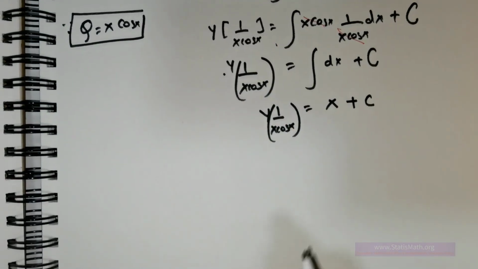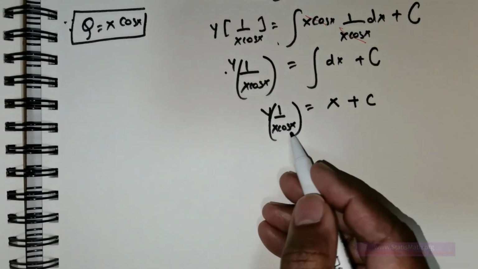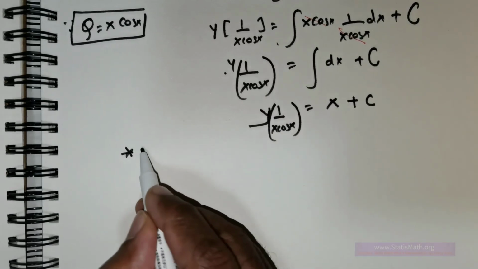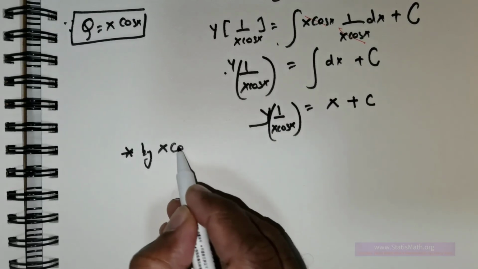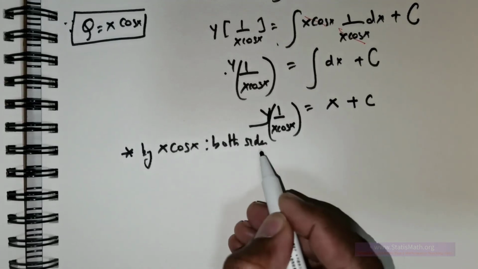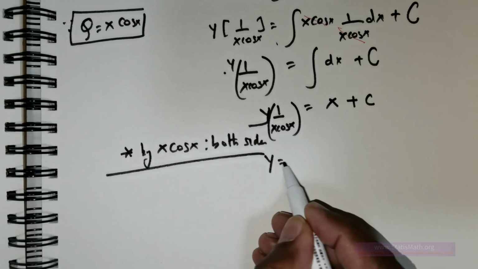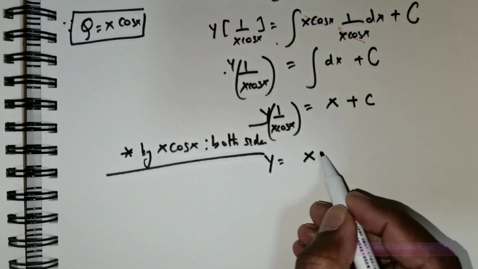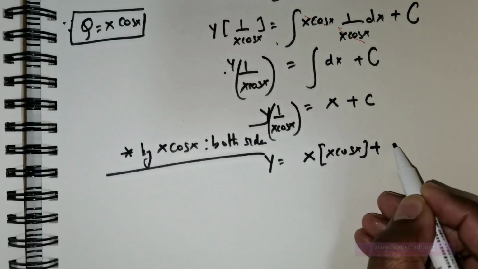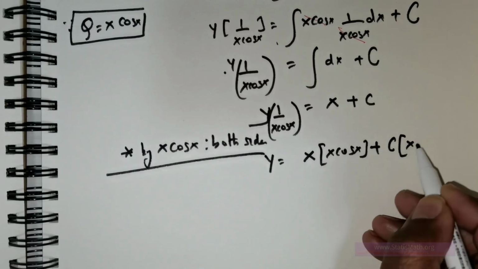Now I don't want to have x times cos x with y. So what I'm going to do is multiply by x times cos x on both sides. Okay, so when I do that, I get y is equal to x times x cos x plus c times x cos x.